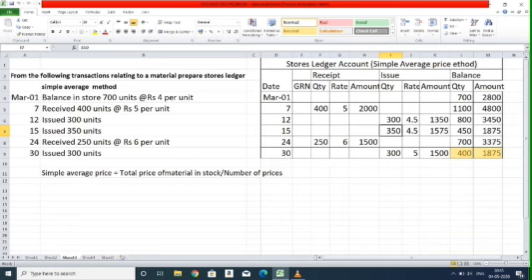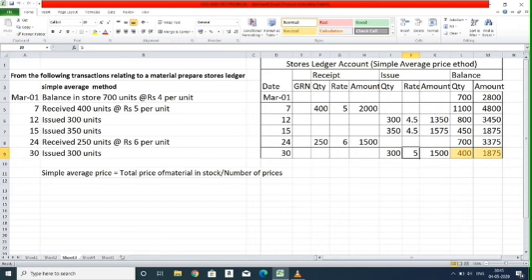So we have to consider 3 rates: this 4, this 5 and this 6.